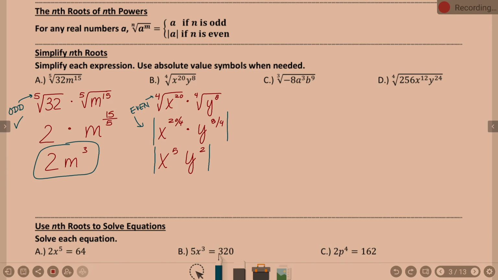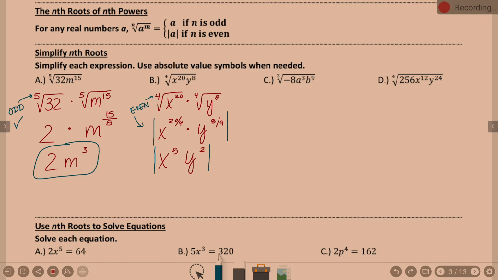Because it's a 4th root, it has to be a positive answer. Okay? I can't do a 4th root of a negative number. That will give me an imaginary number, and I'm not looking for imaginary numbers. Okay? So, I need x to the 5th and y to the 2nd to both be positive.